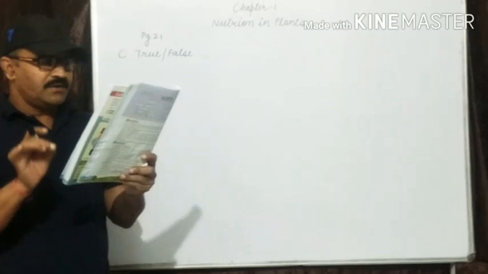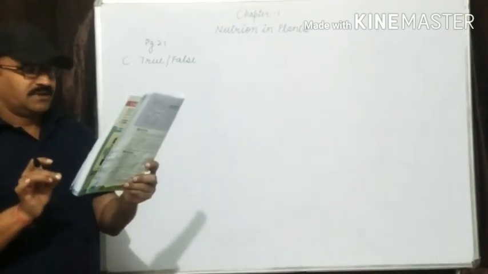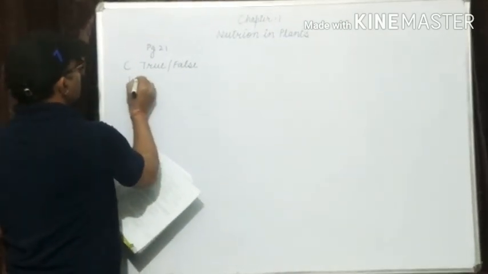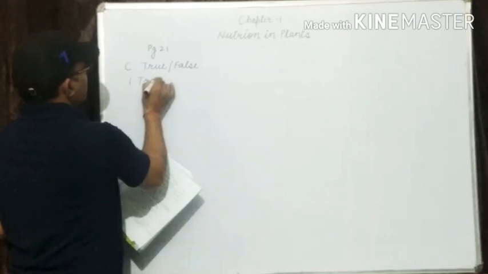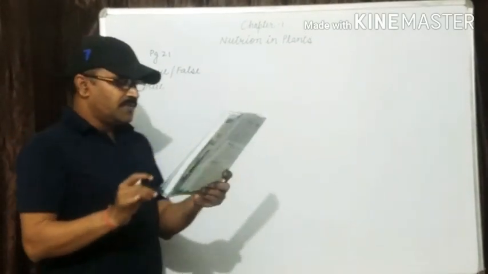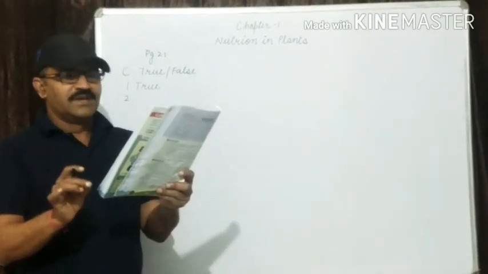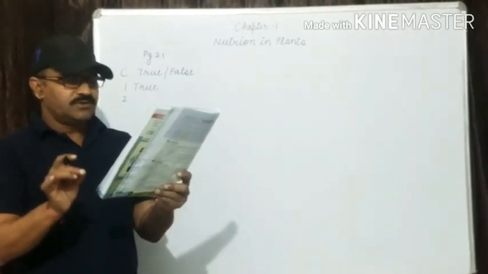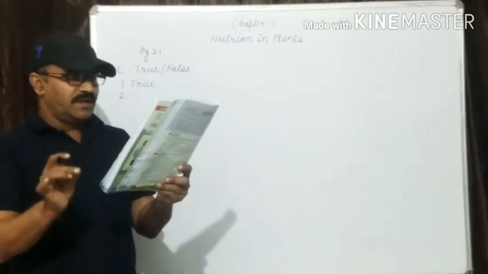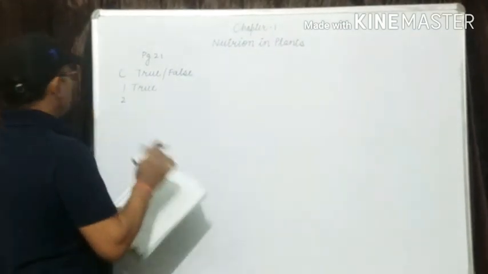Organisms that depend on other organisms for food are called heterotrophs. It is right. True. Two. Green plants are the only organisms that can photosynthesize. Not only plants, algae also prepare their food with the help of sunlight, water and chlorophyll. So this statement is false.